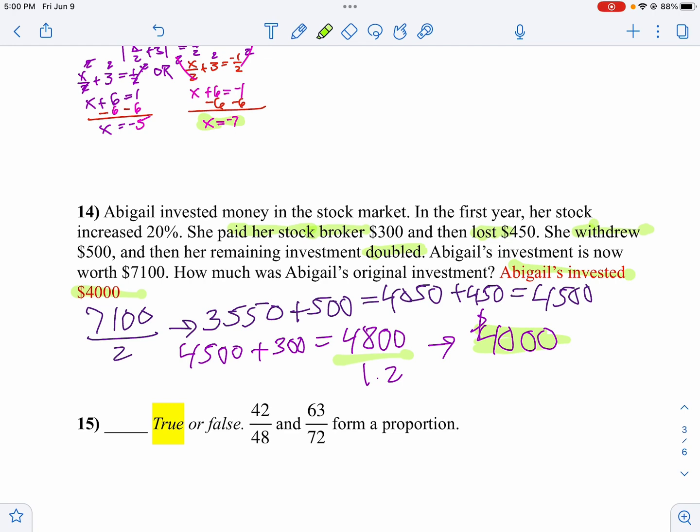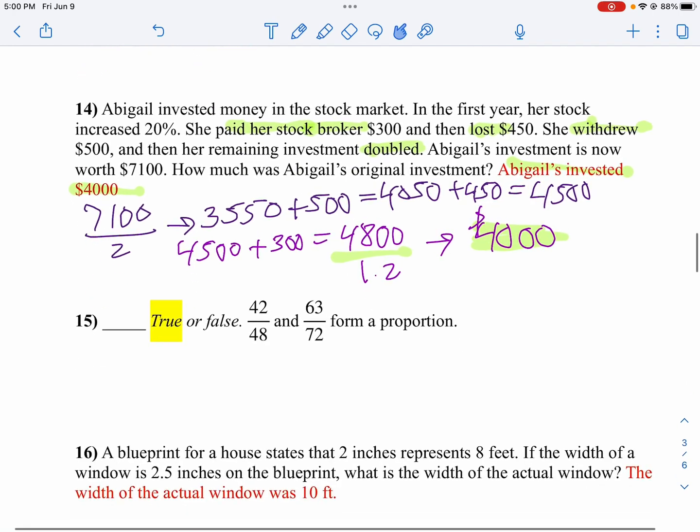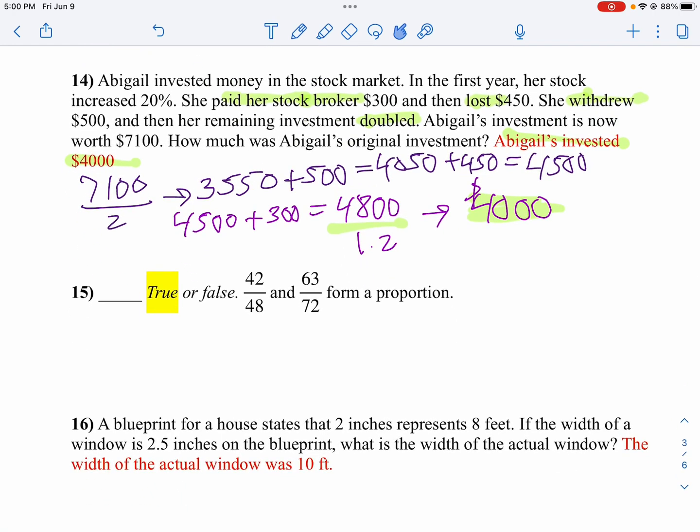Now, next question. Are these a proportion? Well, let's take 42 over 48 and let's reduce that. Notice, I think a 6 goes into both of those, isn't it? So I divide them both by 6. 42 divided by 6 is 7. 48 divided by 6 is 8.